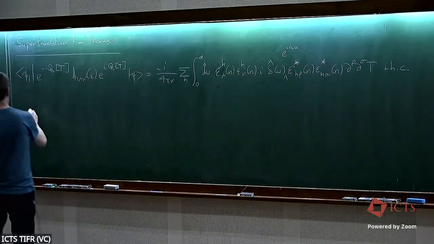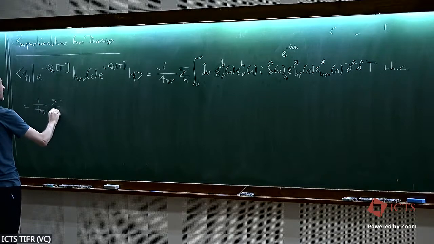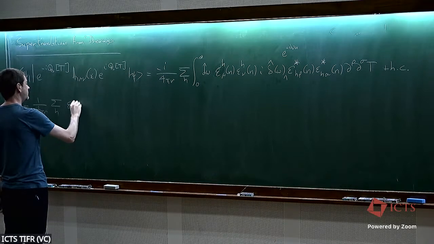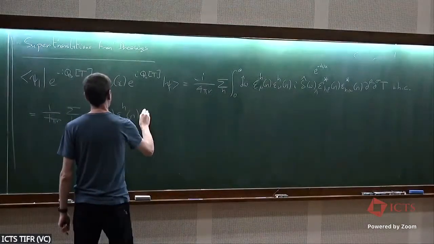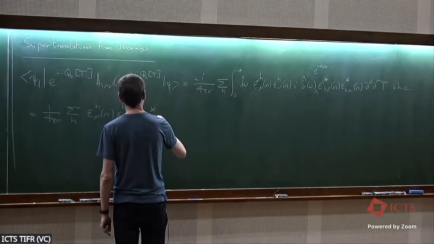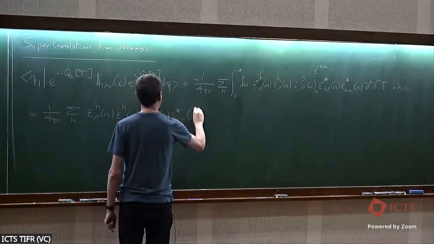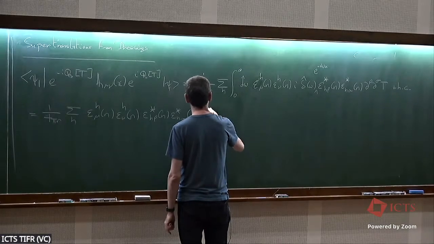So we will get 1 over 4 pi r, sum on helicity, polarization vectors, two derivatives of t.